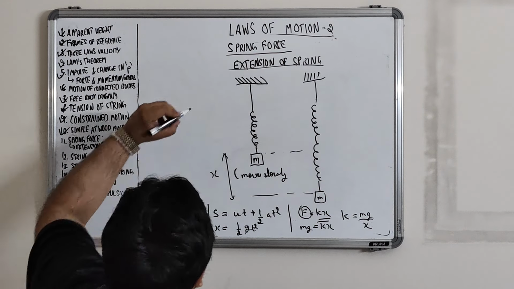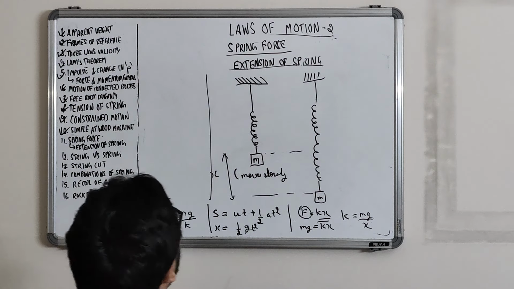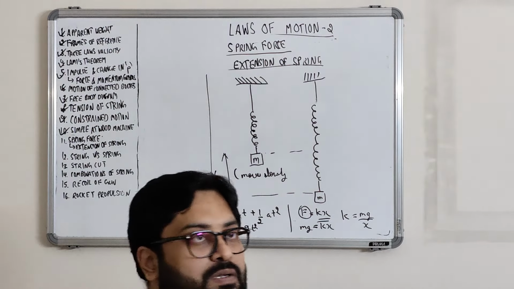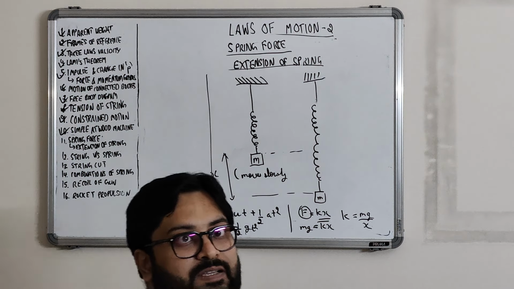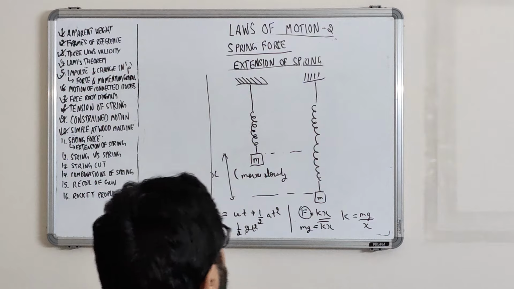Now, if this spring is dropped suddenly, the scene changes, because this object will acquire kinetic energy and a loss in potential energy, right?